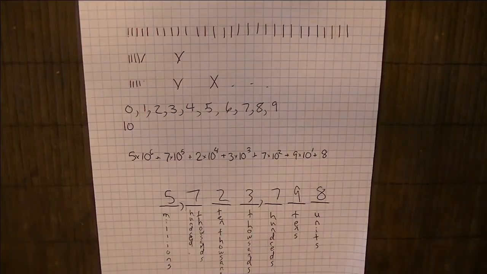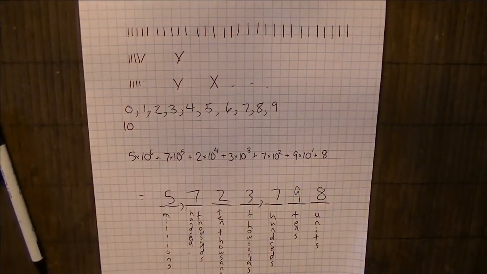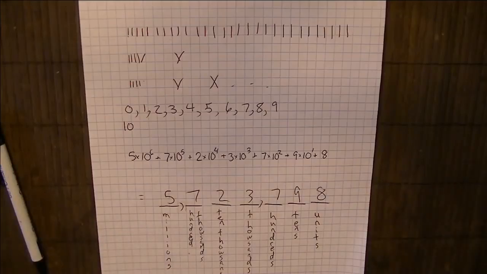That does match the pattern, but saying 10 to the 0 or saying multiplied by 1 is a little silly, so we'll just leave it. Which of course is equal to the 5,723,798 that we've been talking about. All right, very good. So this is our way of understanding the whole numbers that we're going to be using.